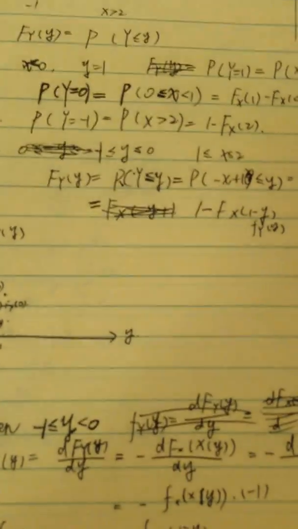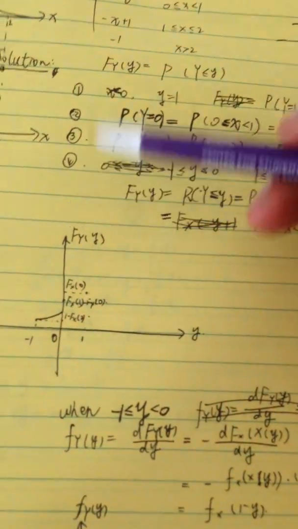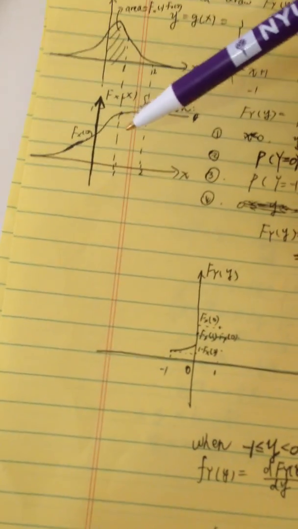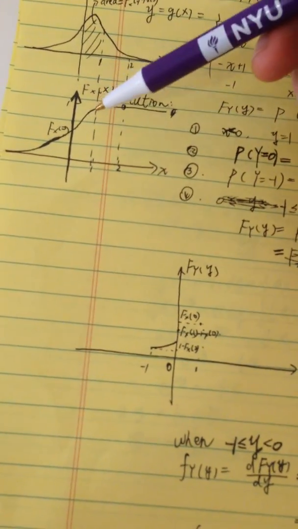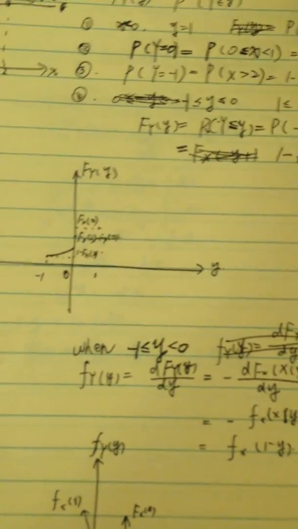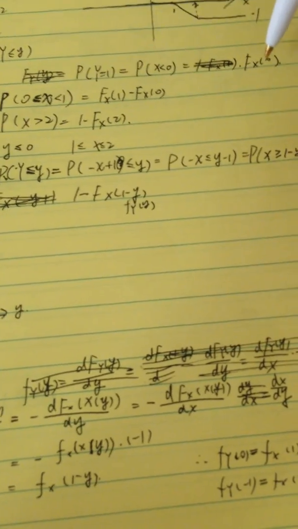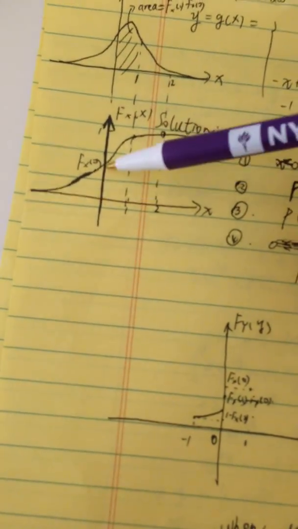If we have these four equations, by using FX(x) we can very easily get FY(y). We see that when y equals 1, the distribution function of Y equals the distribution function of X at 0.